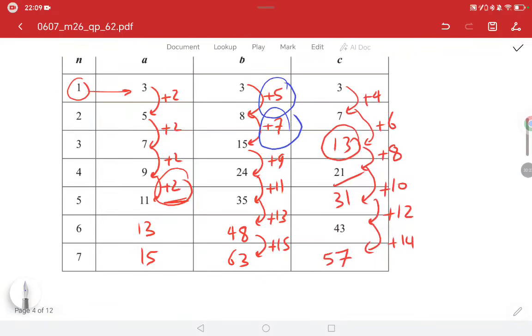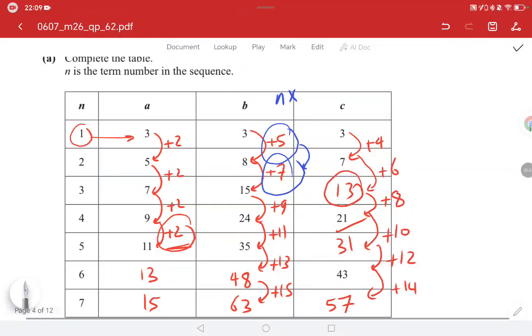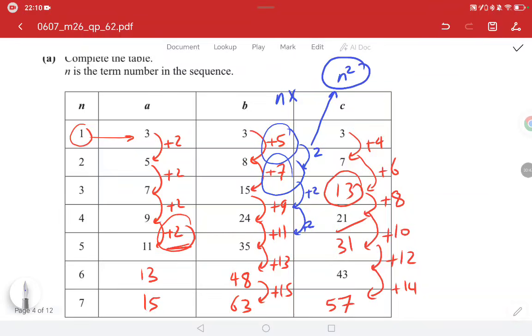By the way, since the first difference is not the same, this one is not linear, not n. So let's check the second difference. The second difference here is 2, here is 2, here is 2. So the second difference is the same.